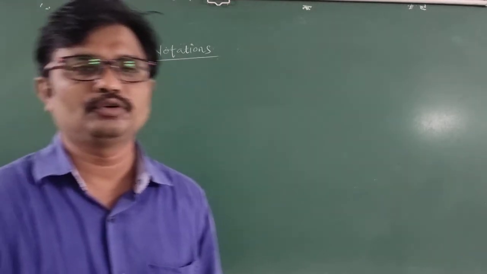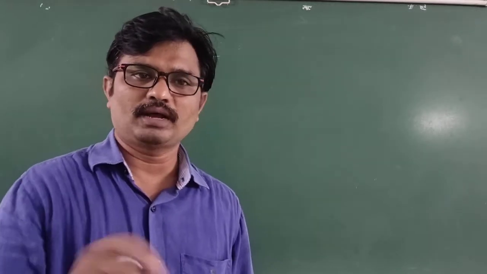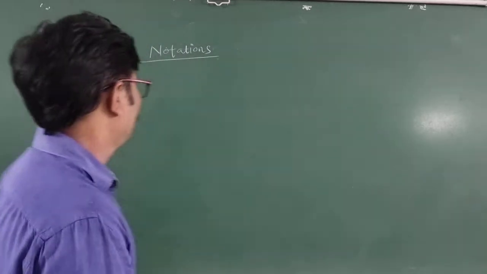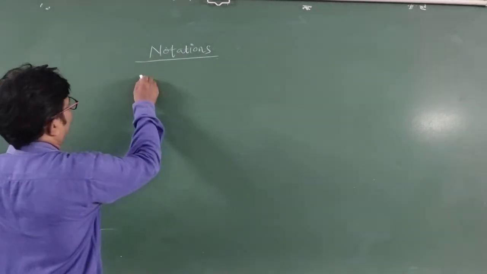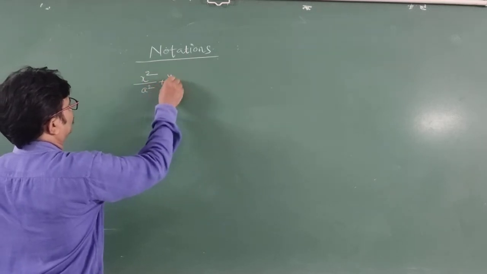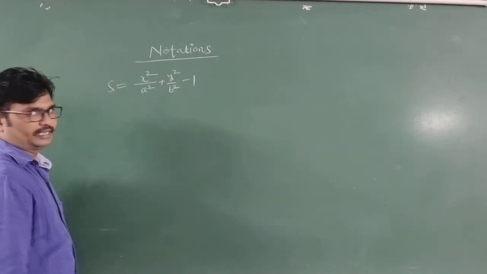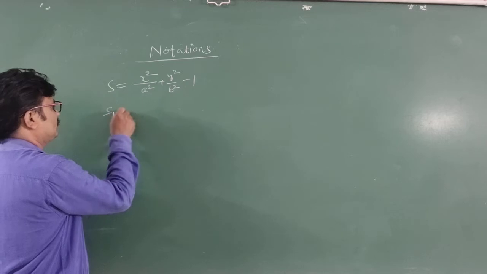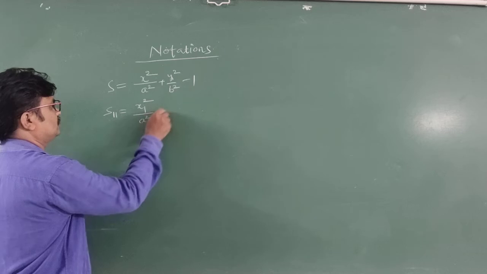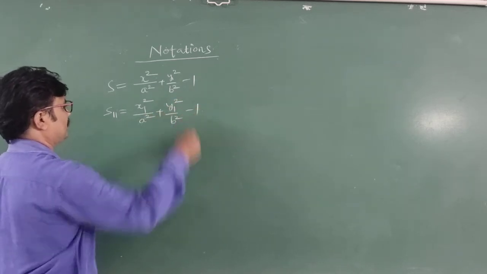Right now students, we have to know the notations. In circles, the general form is denoted by S. In parabola also, the standard form is denoted by S. The standard form of the ellipse, x square by a square plus y square by b square minus 1, is denoted by S. S11 is obtained by replacing x with x1, that is x1 square by a square plus y1 square by b square minus 1.